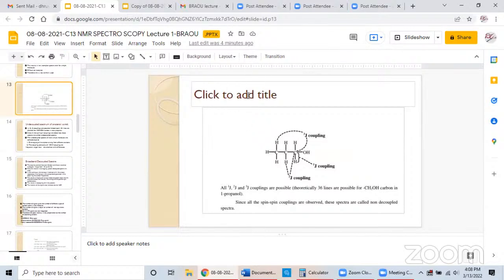The number of signals will be equal to (2NaI + 1) into (2NbI + 1).